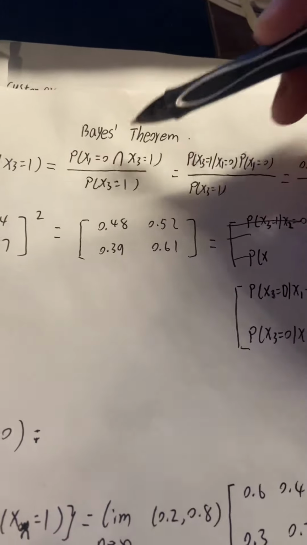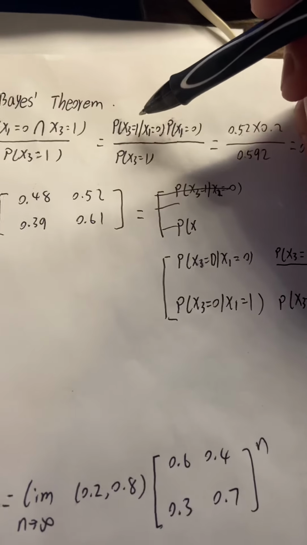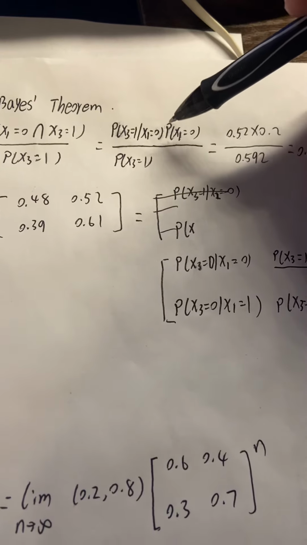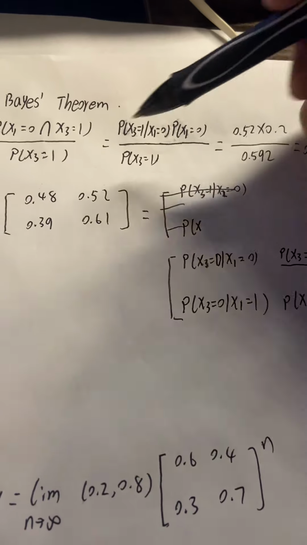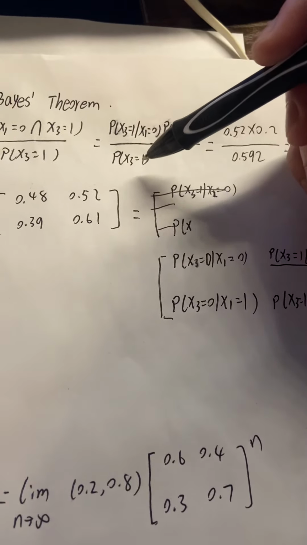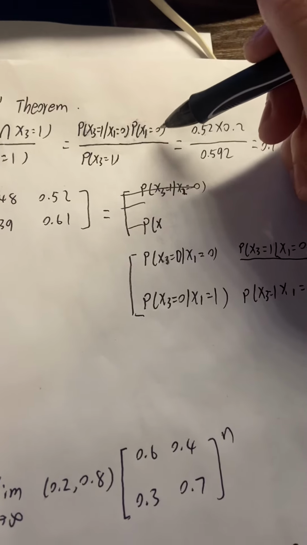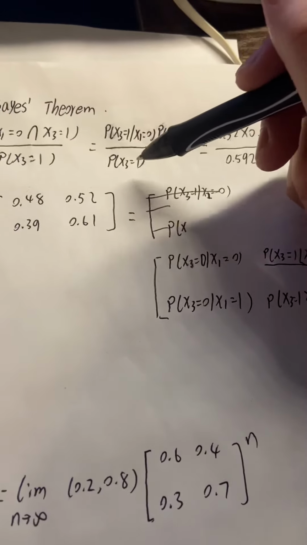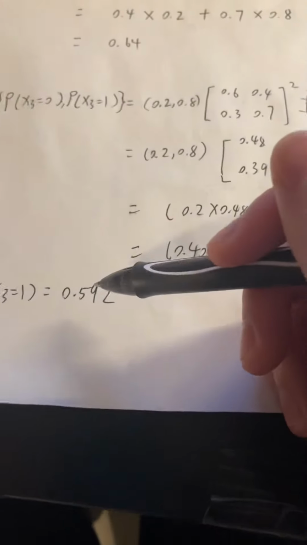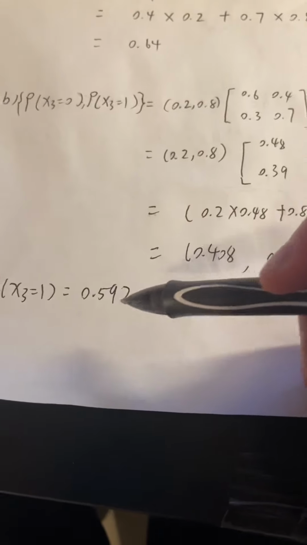And then we rewrite this as the probability of x3 equals 1 when x1 equals 0 times the probability of x1 equals 0 over the probability of x3 equals 1. The probability of x1 equals 0 we already know is 0.2, and the probability of x3 equals 1 we can get from problem B, and it is equal to 0.592.